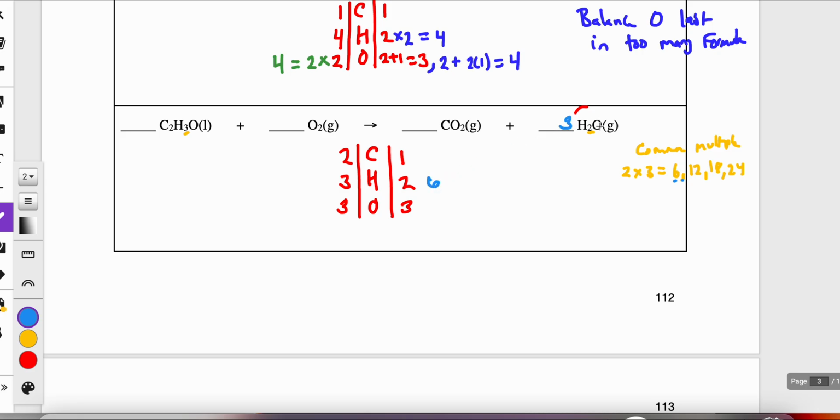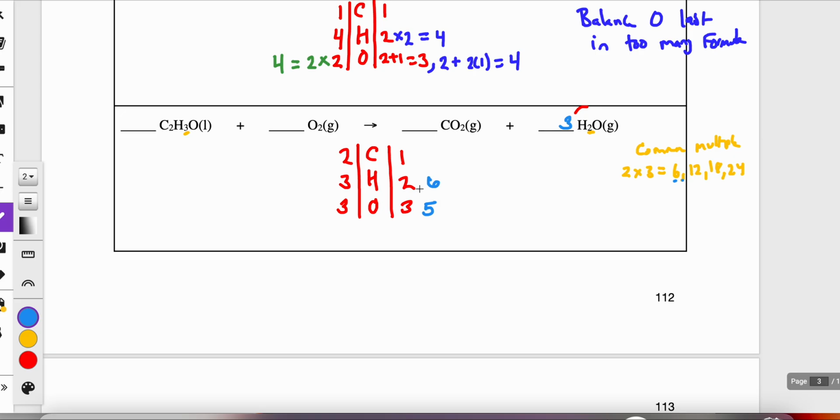It changes my oxygen count from 1 to 3 for the water, plus the oxygen in the carbon dioxide. So I go from a total of 3 oxygens to 5. So that doesn't balance the hydrogen, and it throws the oxygen out of sync. But I'm working with this idea of common multiples.